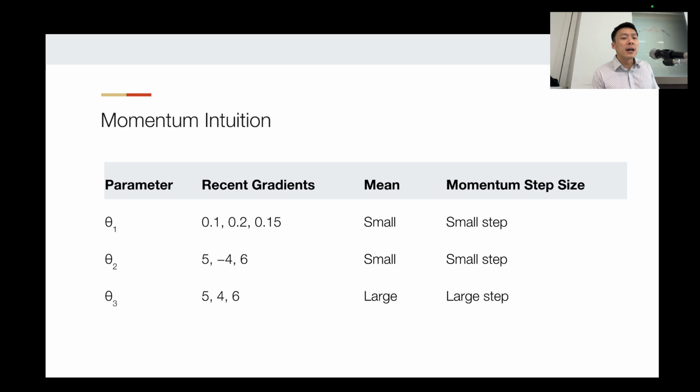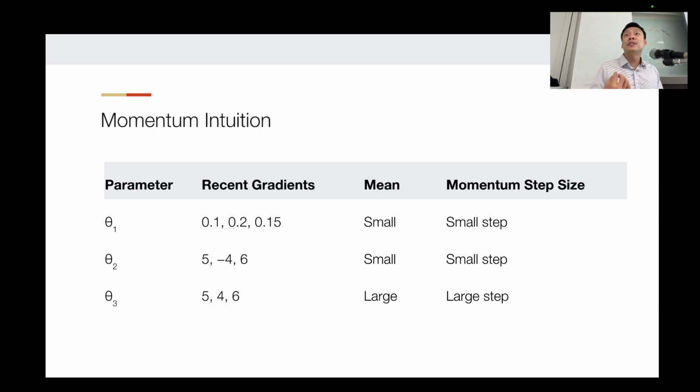If the gradients that you have seen in recent times, say the previous 3 times, are small, then you should take a small step size. So the idea is that you should just take the average over the past gradients from the previous 10 iterations, 20 iterations, and so on.